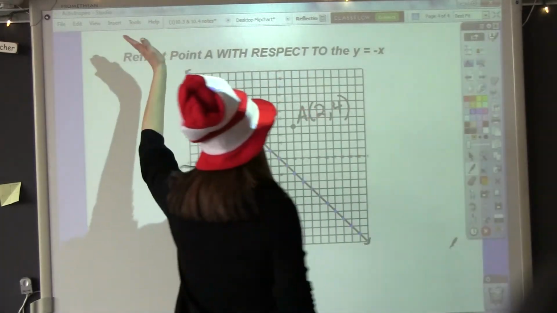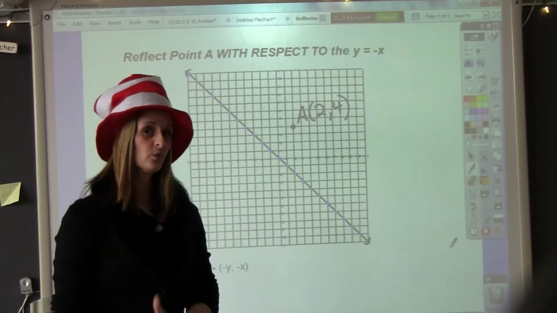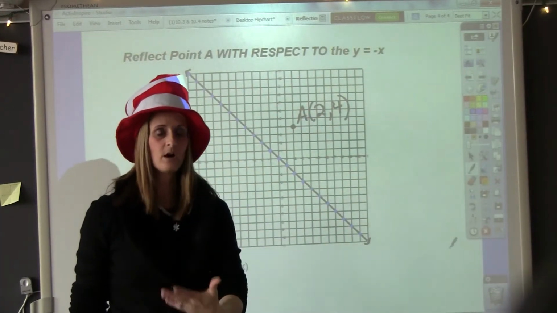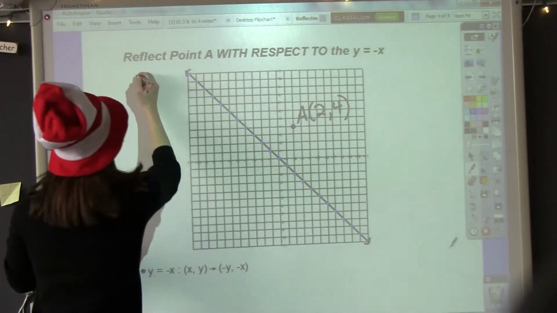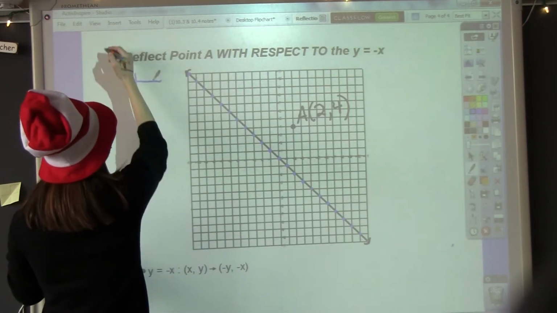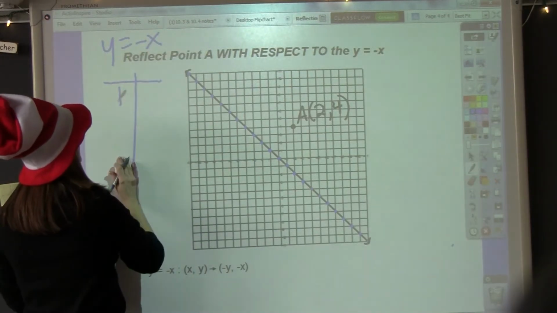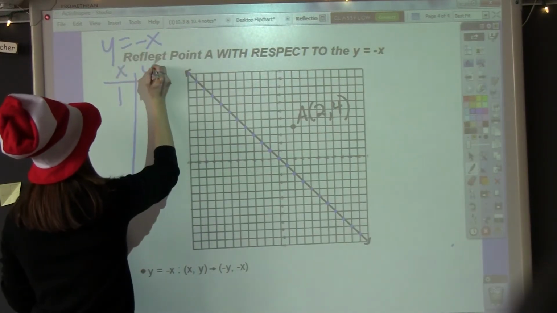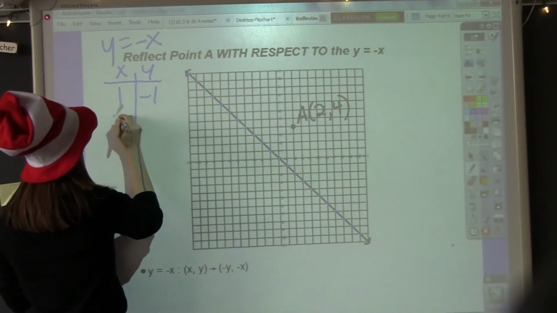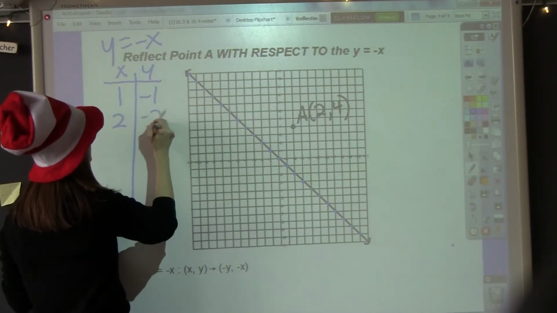I already drew this line, y equals negative x. If you don't know this, then you need to look at it on the calculator. But really, what does y equals negative x mean? If I put in 2 for x, y will be negative 2.